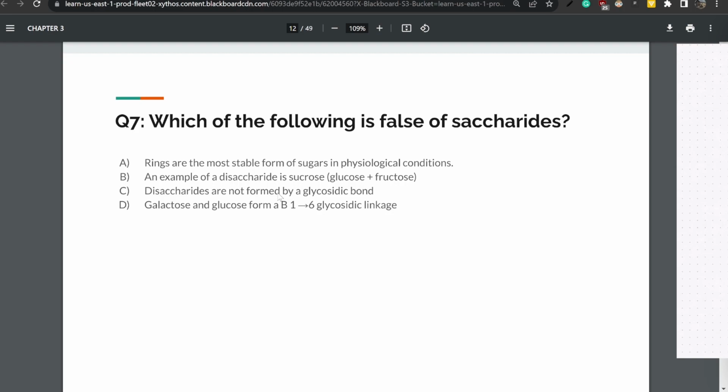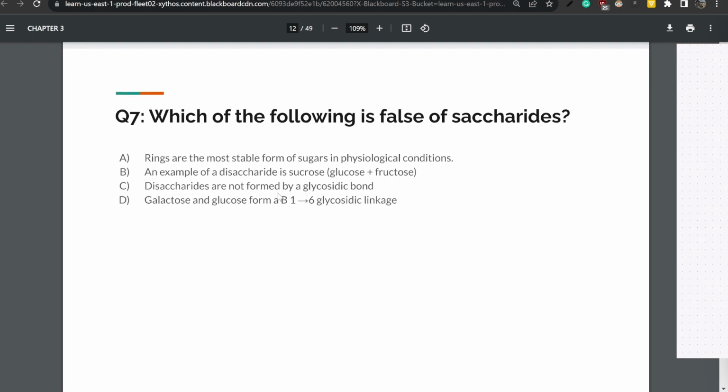Galactose and glucose. I believe this. It's stable. Yes, I believe it's stable.